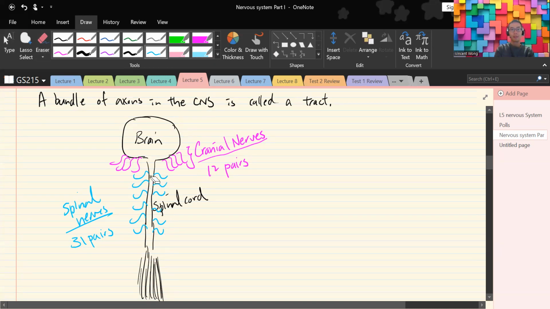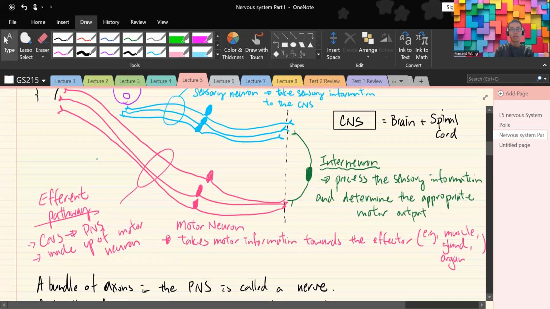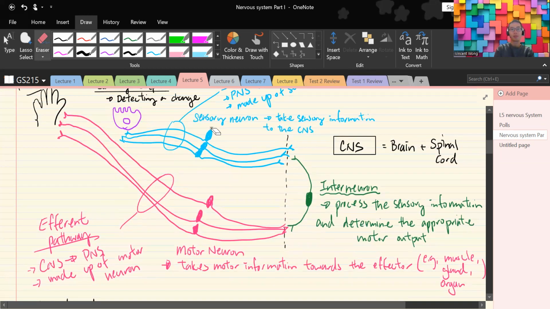We'll learn more next week, but this nerve is basically going to be a bundle of axons. The sensory nerve and the motor neurons are going to be grouped together in a single bundle.